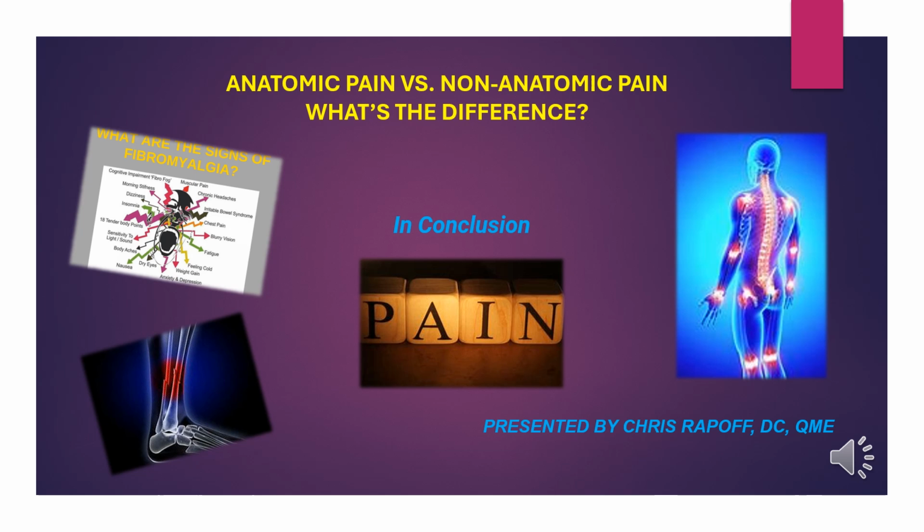Now, just to review again, anatomic pain is directly related to an identifiable physical damage or pathology, whereas non-anatomic pain lacks such clear physical origins and is often more challenging to diagnose and manage. We need to recognize these differences as they really are essential for improving patient outcomes and also guiding us as QMEs for a proper impairment evaluation.